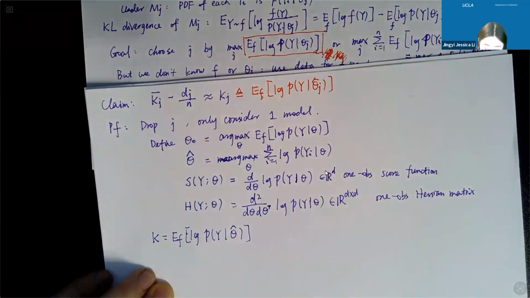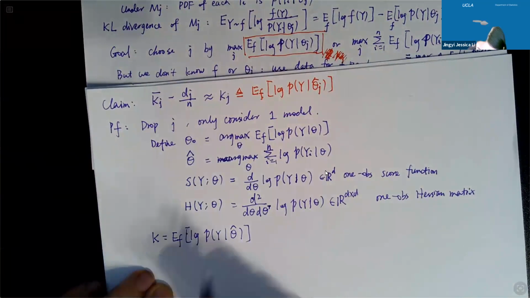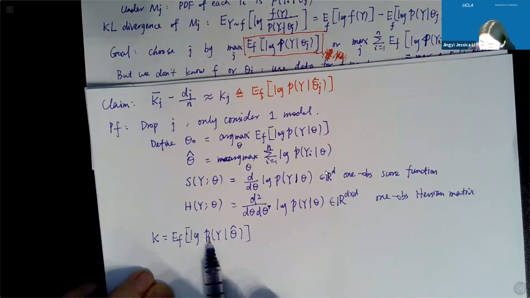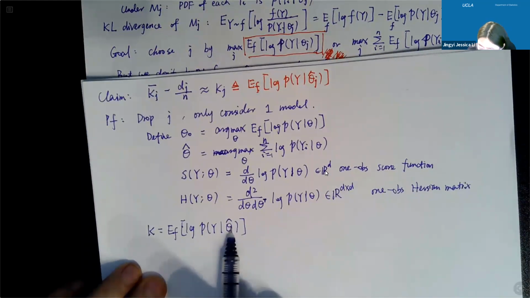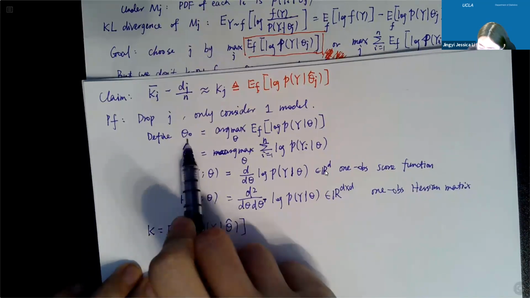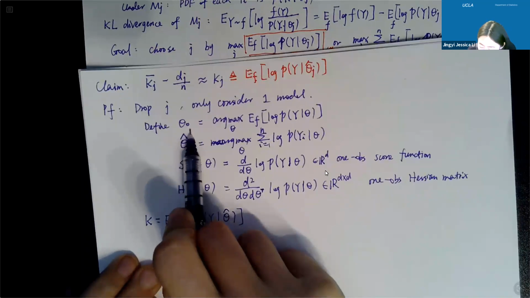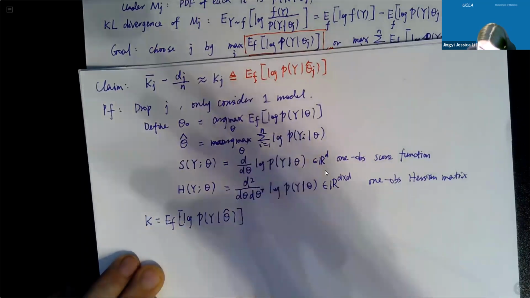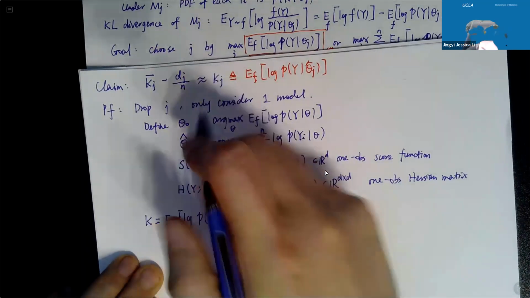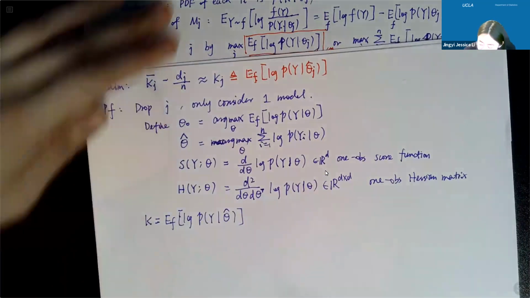And then what we are going to do next is a Taylor expansion to expand our theta hat around theta zero. Theta zero is the parameter that makes the model closest to the true density. So we're going to use theta zero as a way to connect those two things.